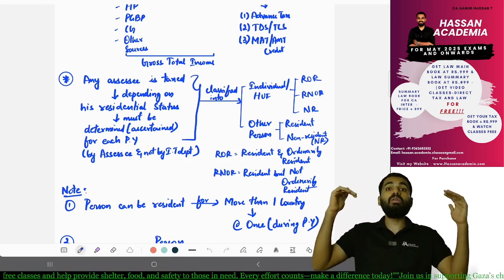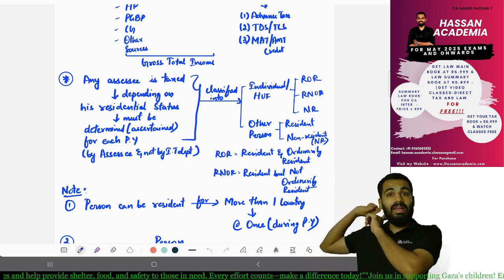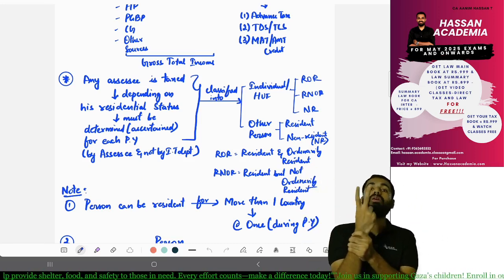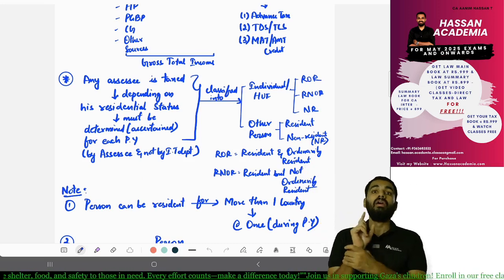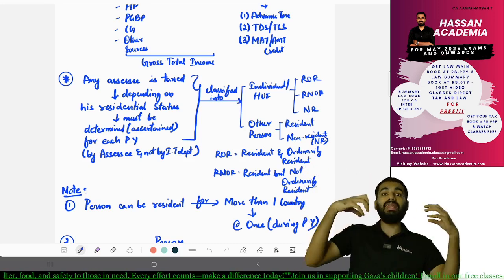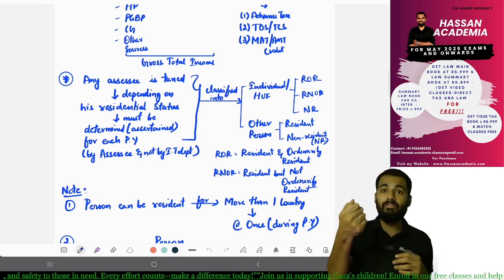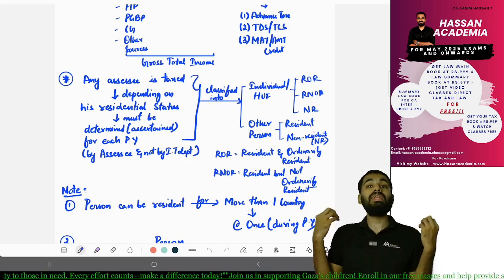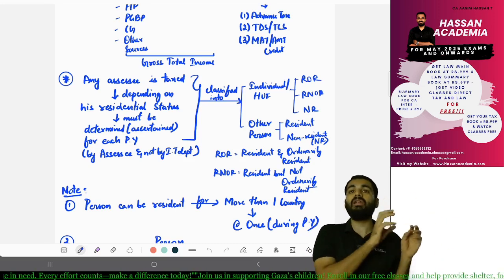So a person who is an Indian resident can be a resident outside India also. He can have more than one residential status. And to prove whether the person is an Indian resident or not depends. If he is an individual or a company, then it is the burden of the income tax department to prove whether he is a resident or not.